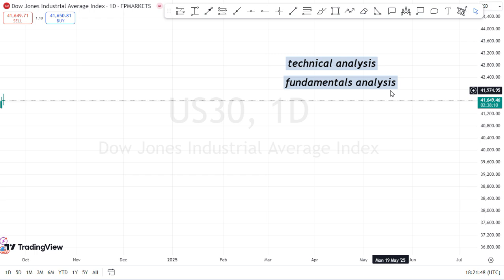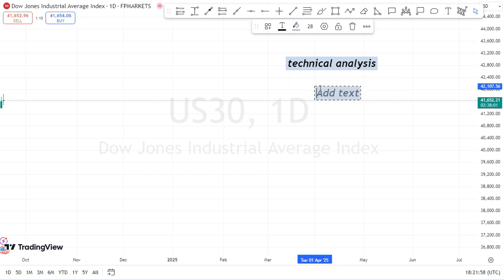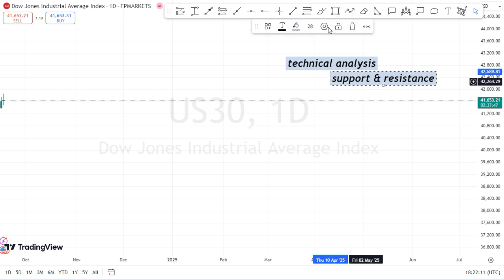Now under technical analysis, we say there is support and the resistance. Now what is support and resistance?